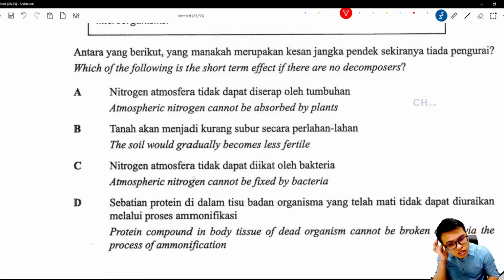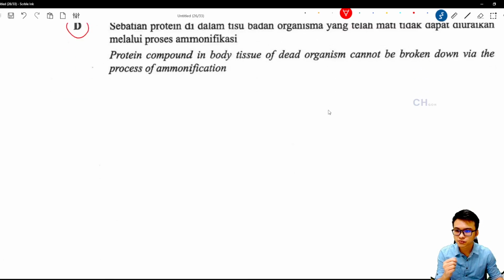So the answer here should be the protein compound in the tissue of the dead organism cannot be broken down through the process of ammonification. They need to convert them. The decomposer can convert the protein in our body to ammonium, which is absorbed by the plants. So this is the job of the decomposer.